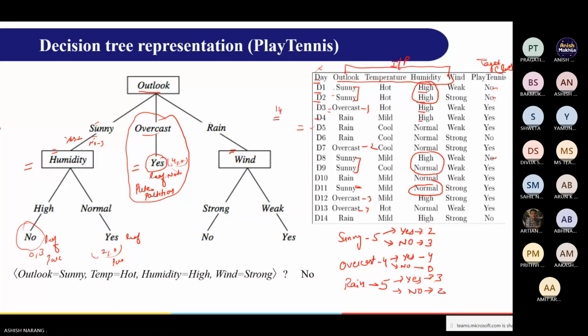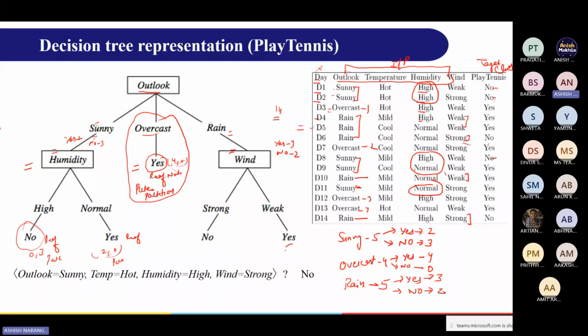When you look at rain, we said yes 3, no 2. Now I'm going to check wind. Wind is weak or strong. There are 5 records here, 2 weak, 3 strong, weak and strong. When you see this combination, rain with strong wind, it's no. But rain with weak wind, it's yes.